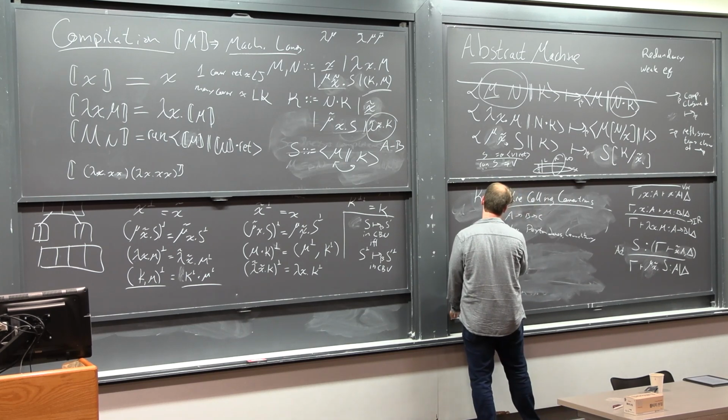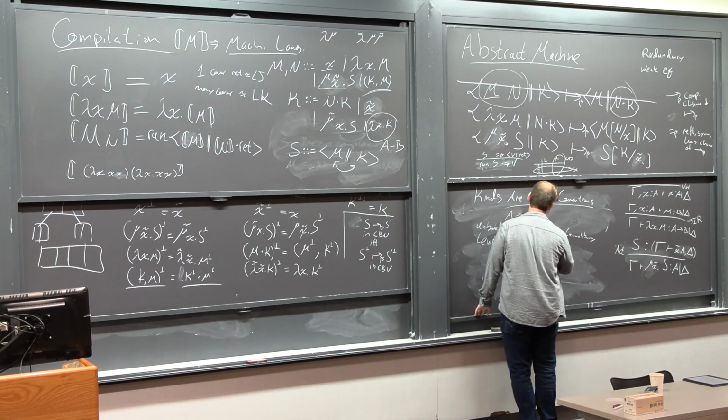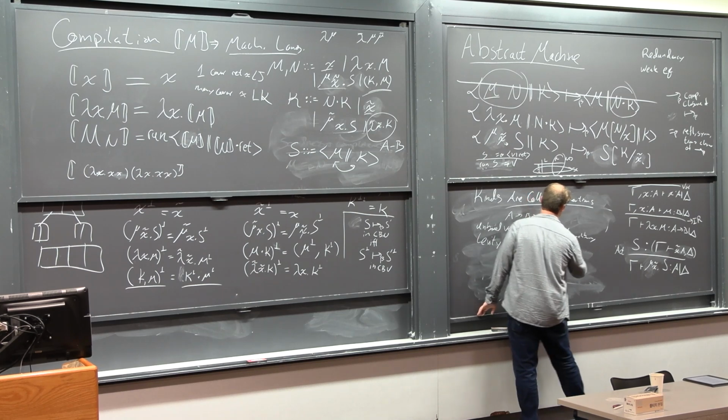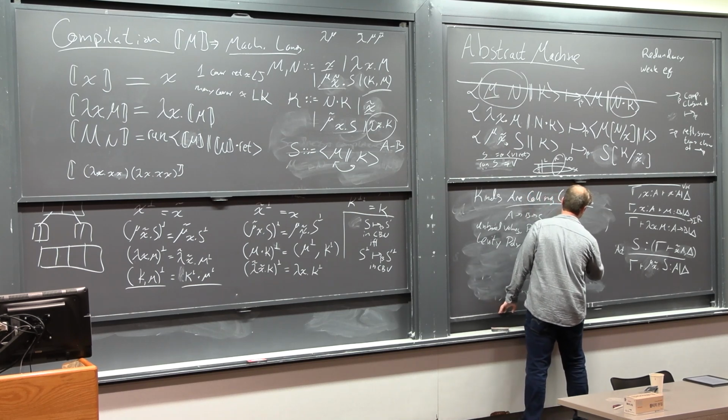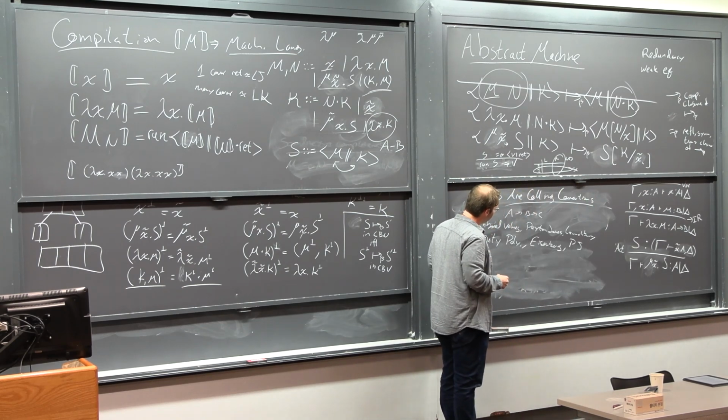And then more recently, there was the Levity Polymorphism paper by Eisenberg and Peyton Jones. And then this paper was a follow-up of that.